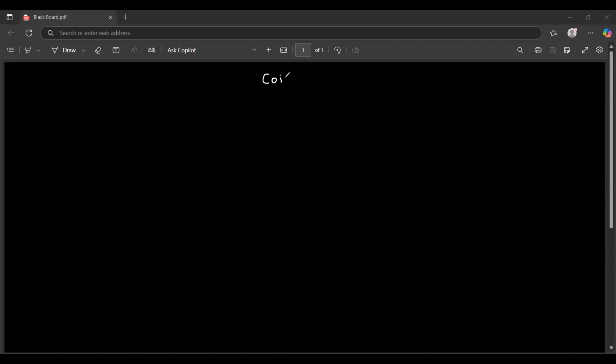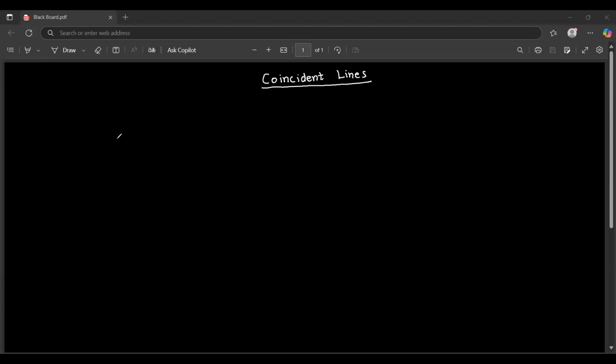Coincident lines. Well, this is pretty easy. You can prove that two lines are coincident if they are parallel and if they have a common point between them.